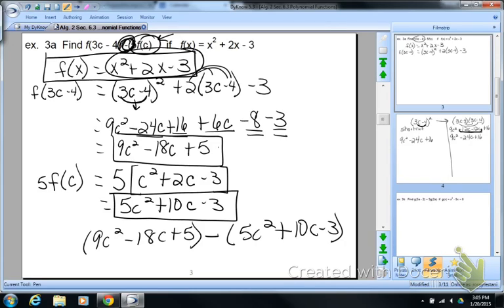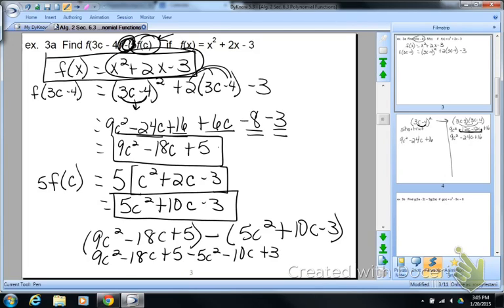Now, when you have two polynomials that you are subtracting, the very first polynomial, we drop the parentheses and rewrite it as is. And what happens when we have a minus sign in front of the parentheses? We distribute the negative. So that's negative 5c squared minus 10c plus 3.